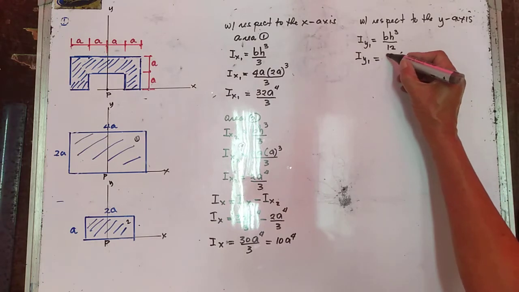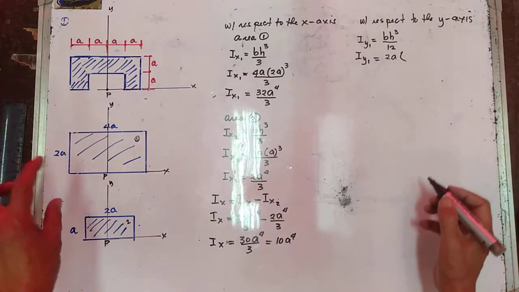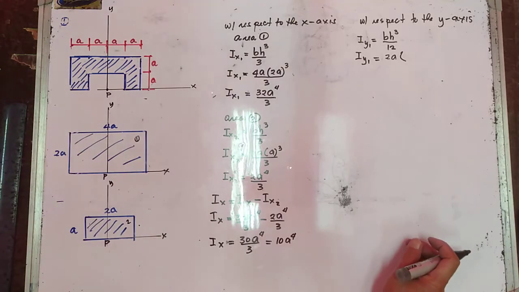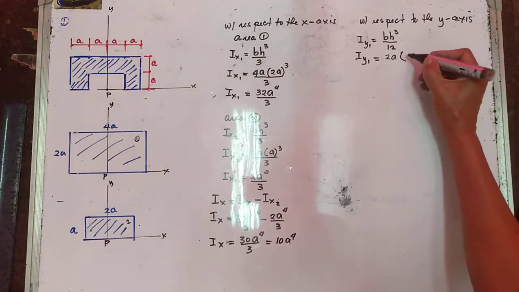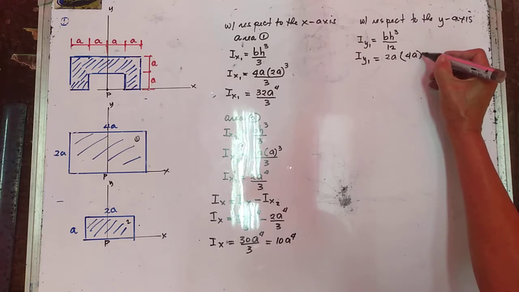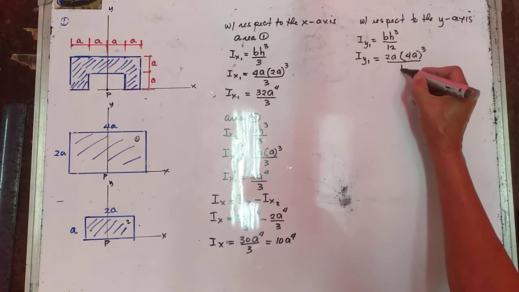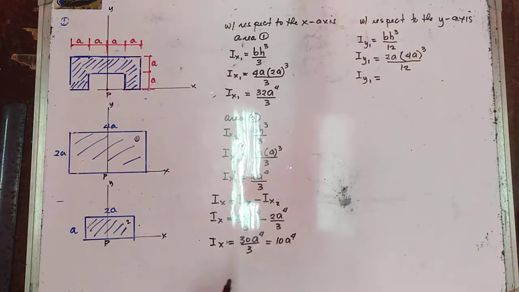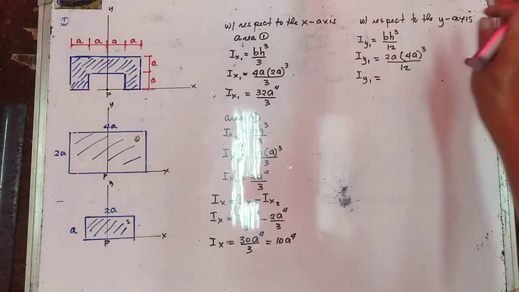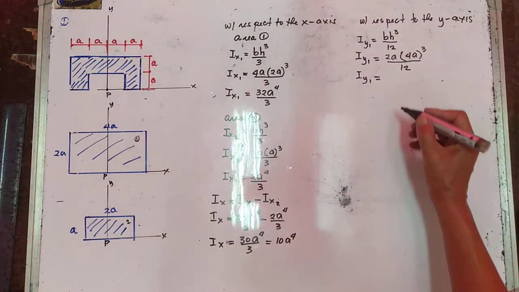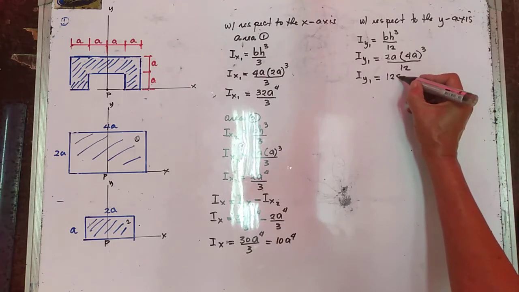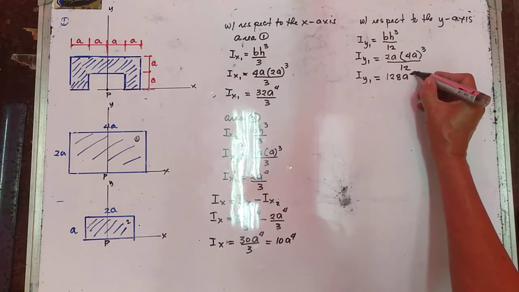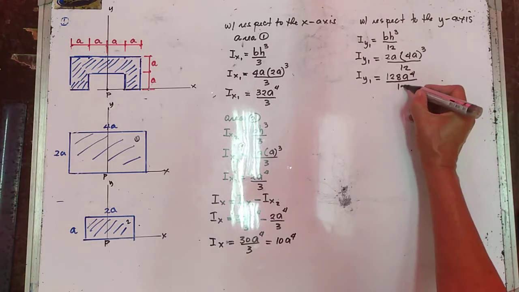So Iy1 is 4 cubed times 2, which is 128. That is 128A raised to the fourth all over 12.